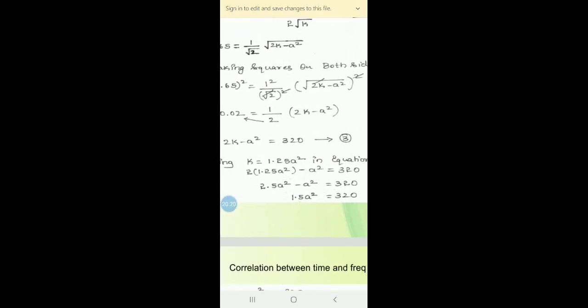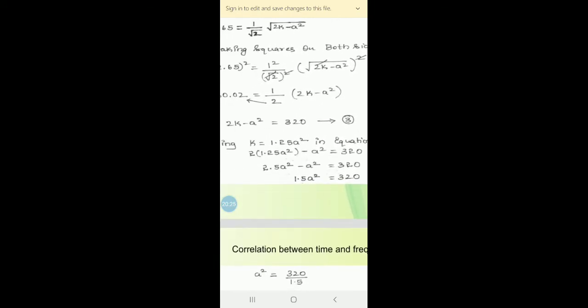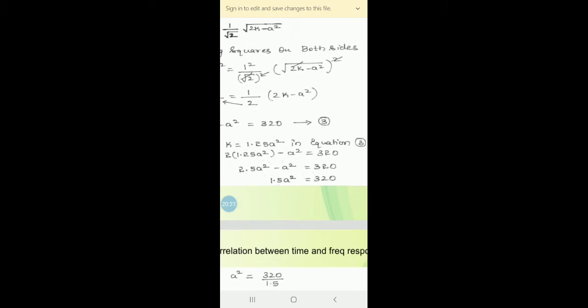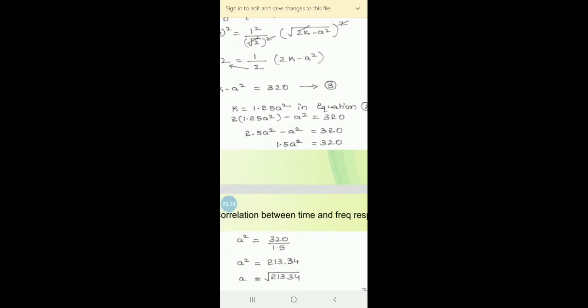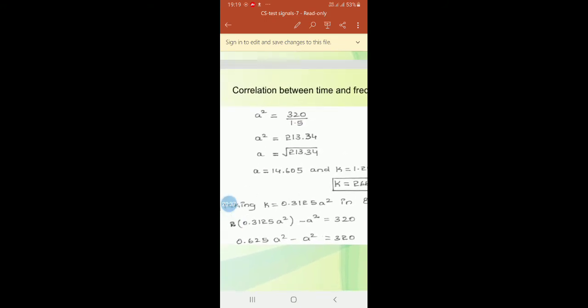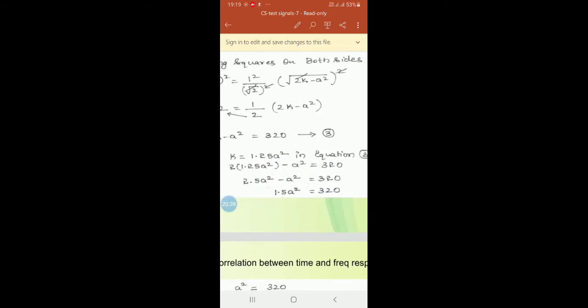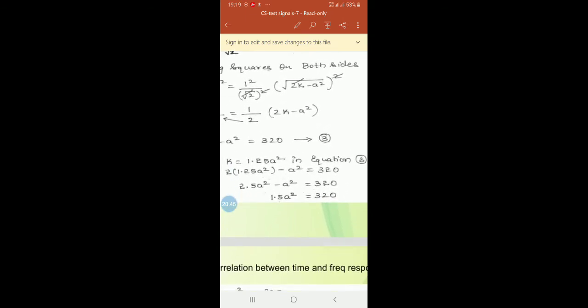So by taking k is equal to 1.25 a square in equation 3, 2 into 1.25 a square minus a square is equal to 320. 2.5 a square minus a square is equal to 320. So 1.5 a square is equal to 320.